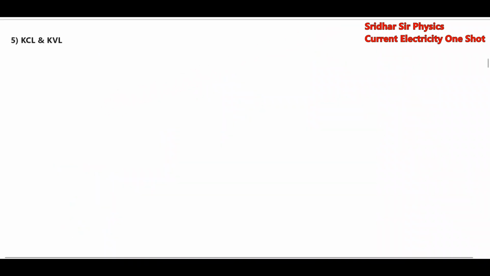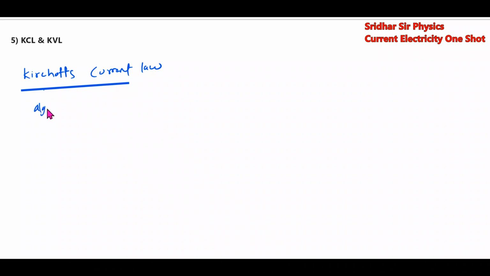Next we have Kirchhoff's current law. It says that the algebraic sum of currents entering a junction should be equal to the algebraic sum of currents leaving a junction.